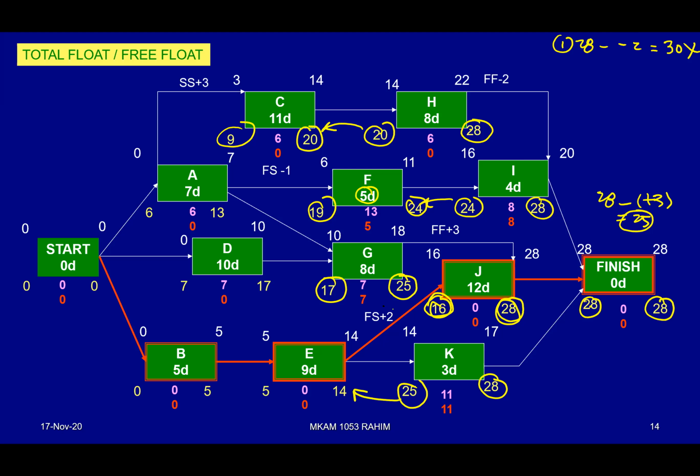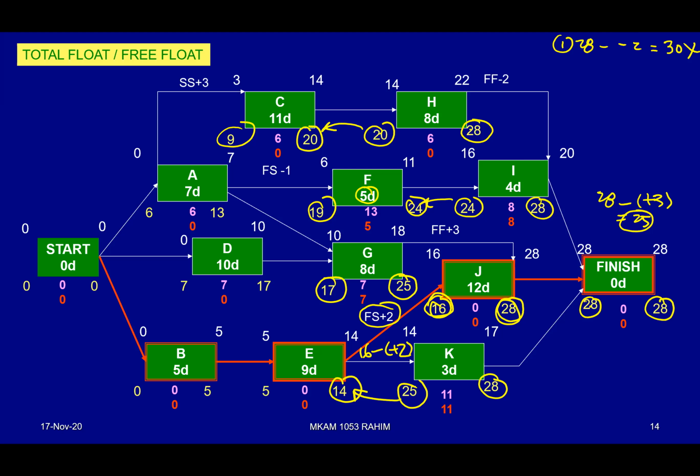But remember, there is a plus 2 lag. So we must evaluate 16 minus plus 2 equivalent to 14. So 14 is the one that we choose because it is the least between 25 and 14.